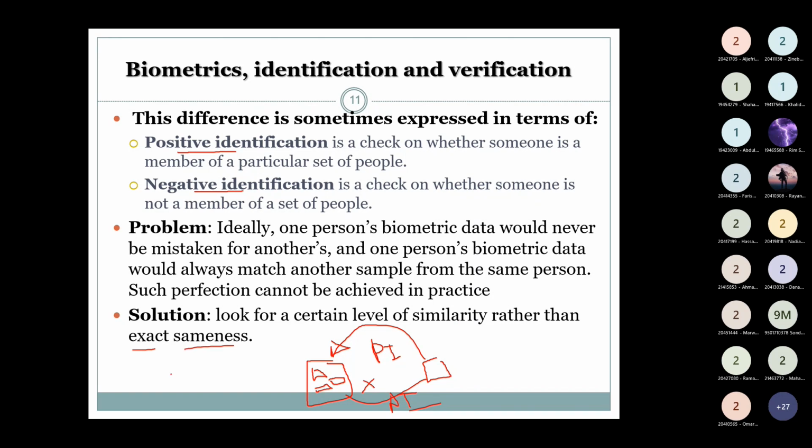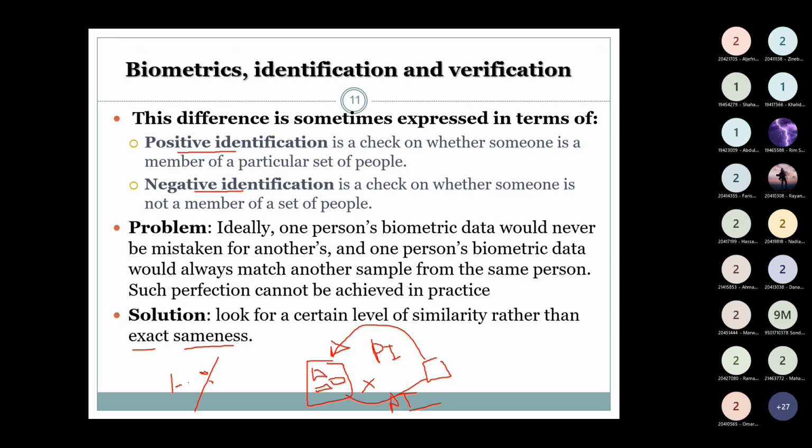I cannot have 100% similarity between two samples, or between two persons, but I have some level of similarity. So look here, the false matches and the false non-matches. What does a false match mean?